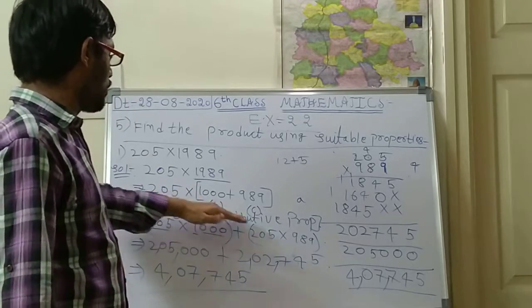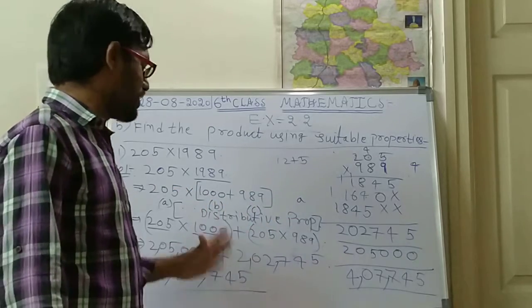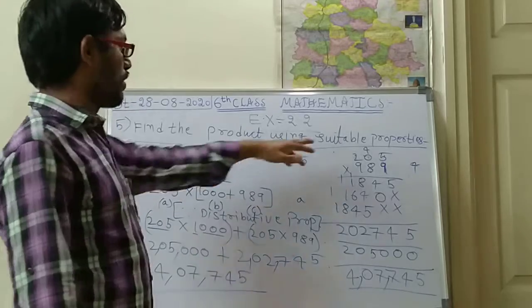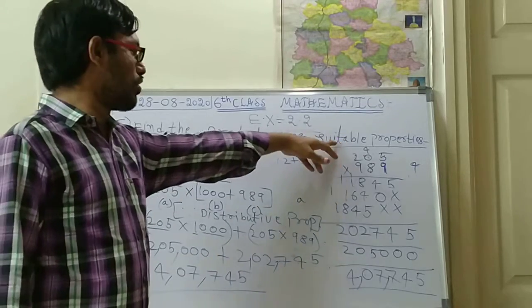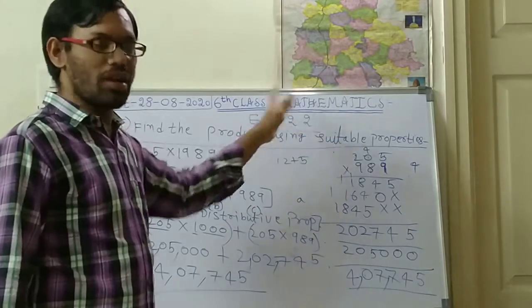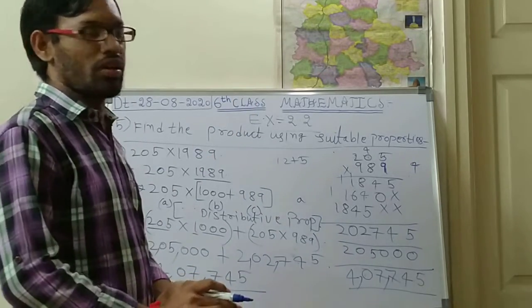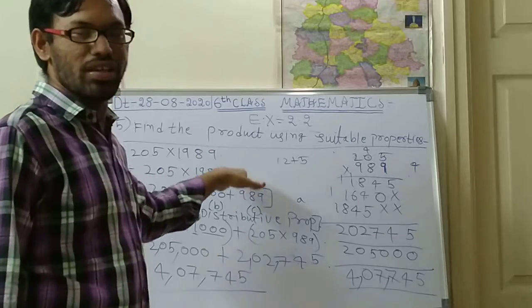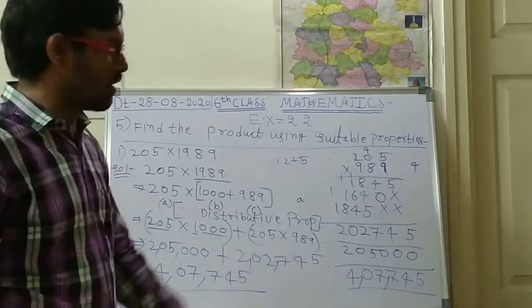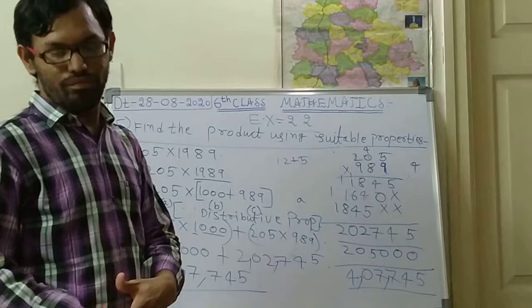He has changed it into the distributive property and done the problem, so he has followed the rules. Like that he will understand and give the correct marks, whatever marks are provided for this. Okay, so this is about this problem.